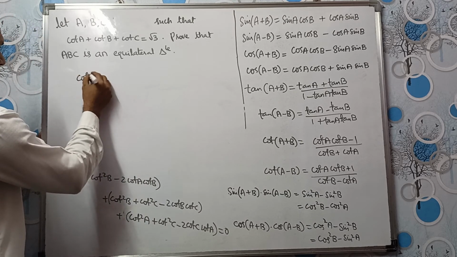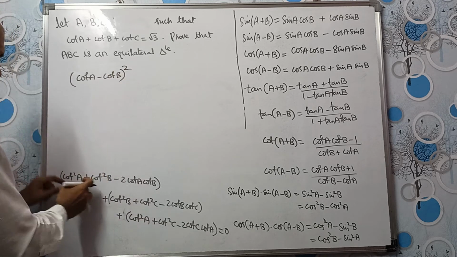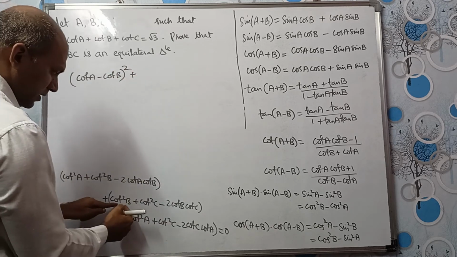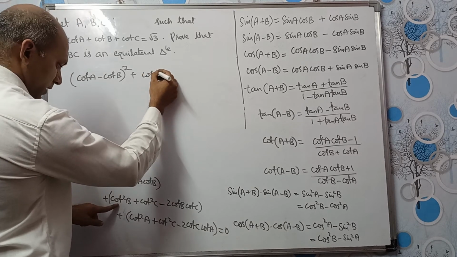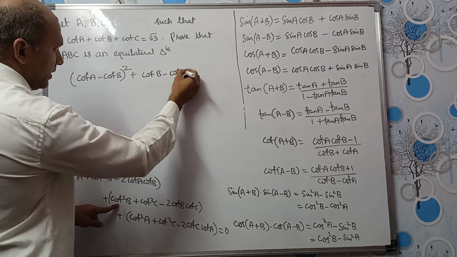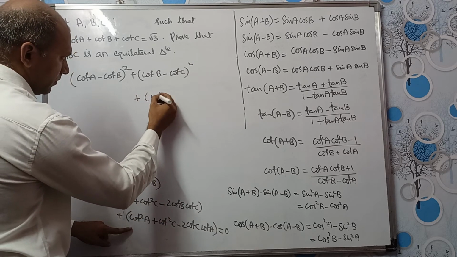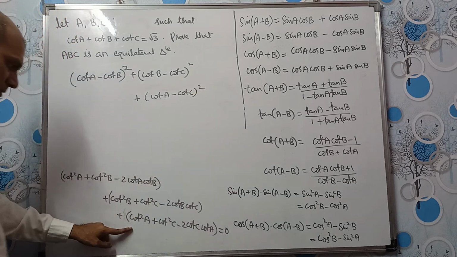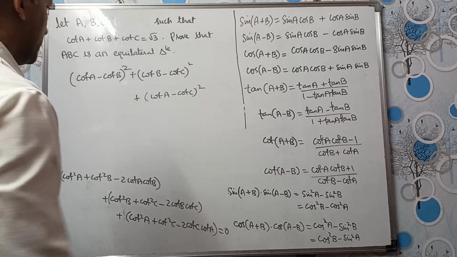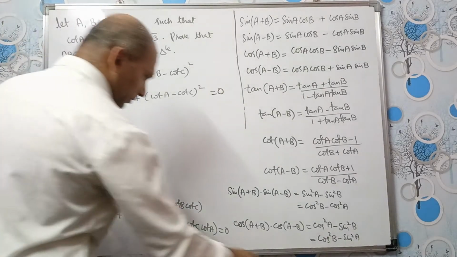So it should be A minus B whole square. And this one, cot A minus cot C whole square, is equal to 0.